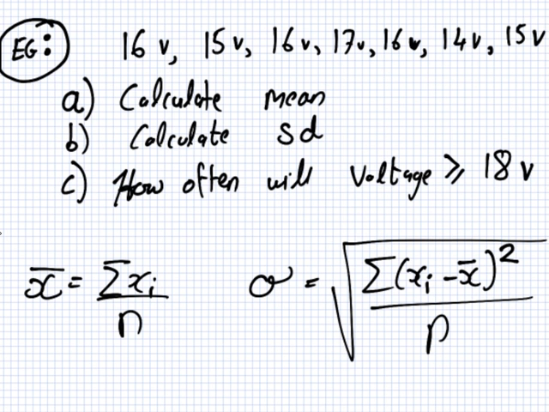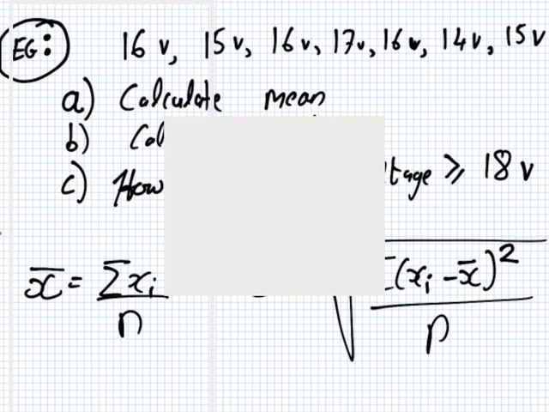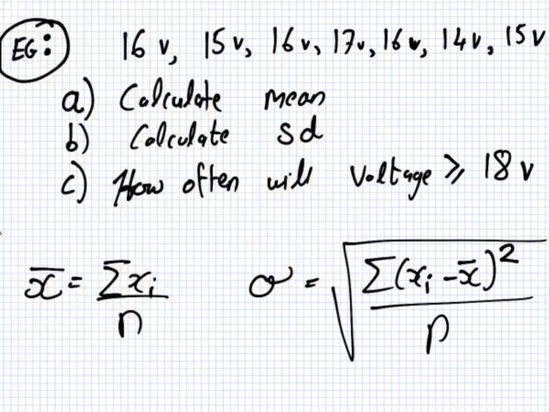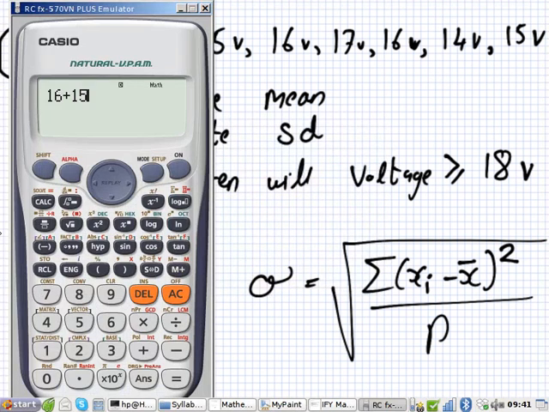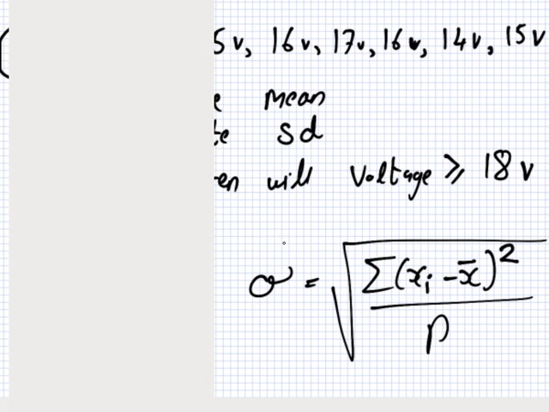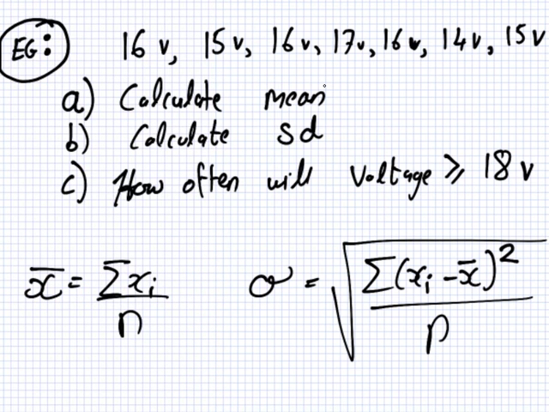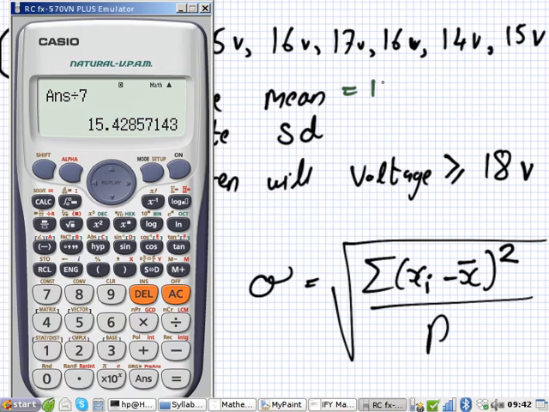Let's have a look. So the first thing was to calculate the mean. What's the first one? 16, is it? 16 plus 15 plus 16, divided by 7, and we get 15.42, roughly. So the mean is about 15.43.